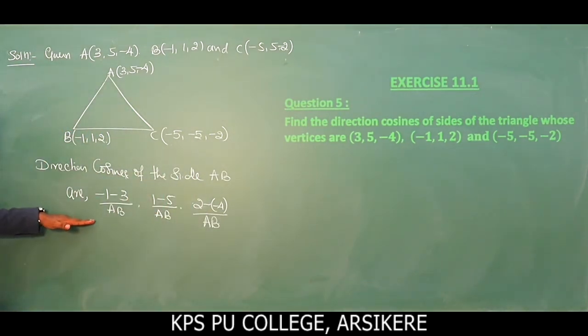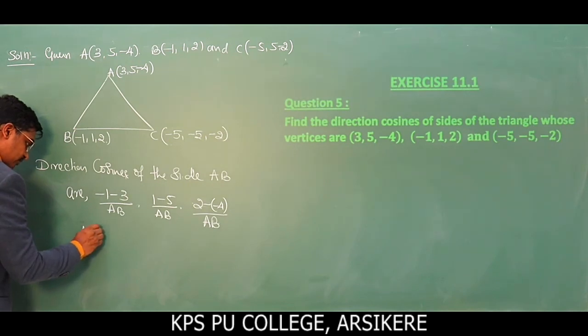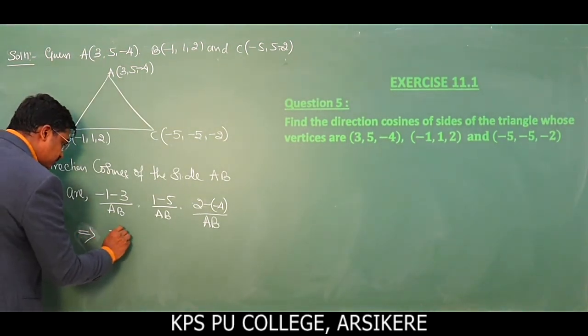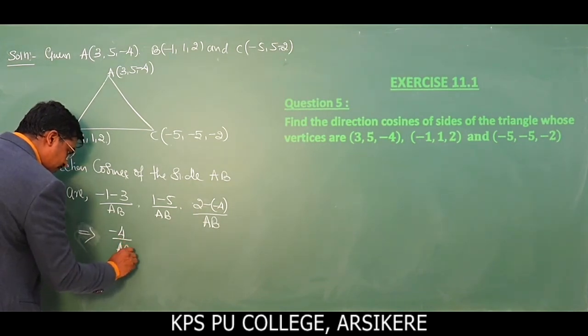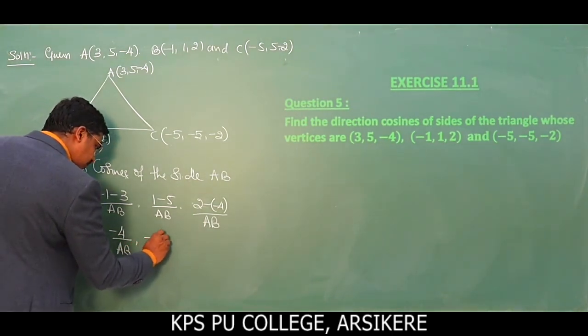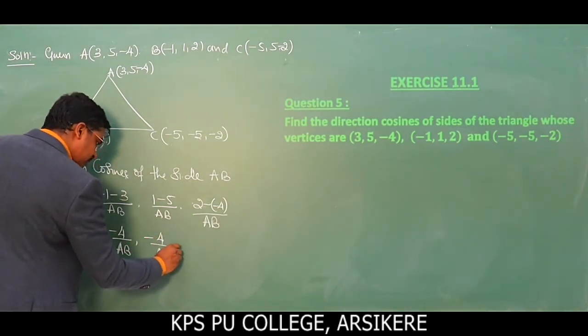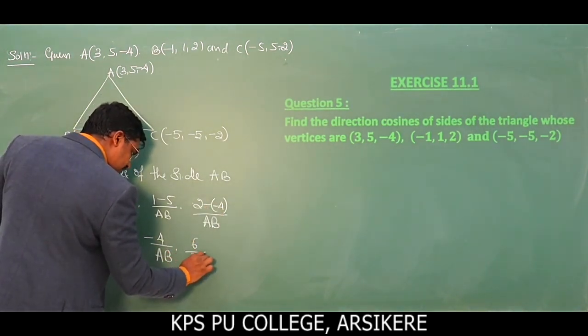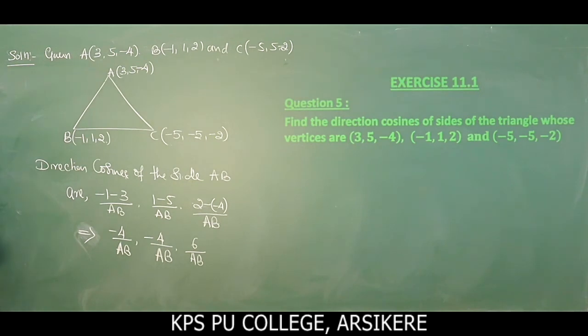Okay, just find the distance of AB. So what we get here? Minus 4 divided by AB, minus 4 divided by AB, and minus into minus becomes plus, 6 divided by AB. 2 plus 4 is 6.